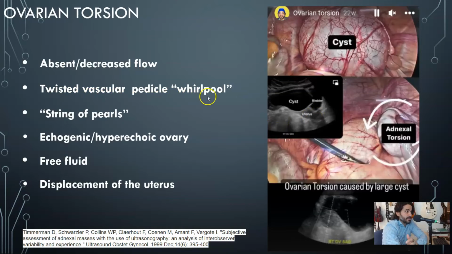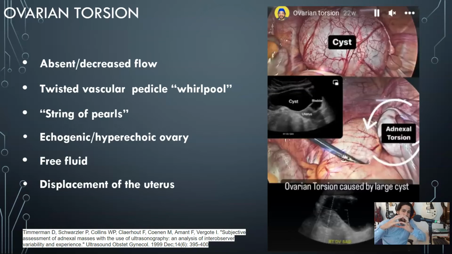So the twisted vascular pedicle is what gives you the whirlpool sign. In the ovary, you can see a string of pearls sign, which is another sign that I didn't add, but that's peripherally displaced follicles due to the ovary getting edematous from the lack of venous outflow.